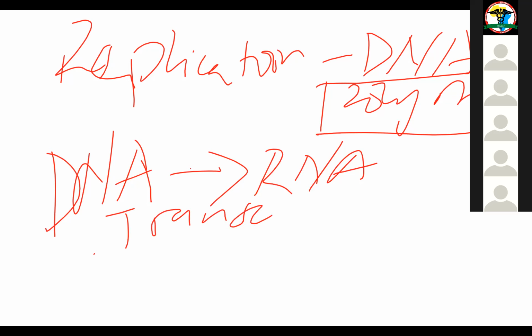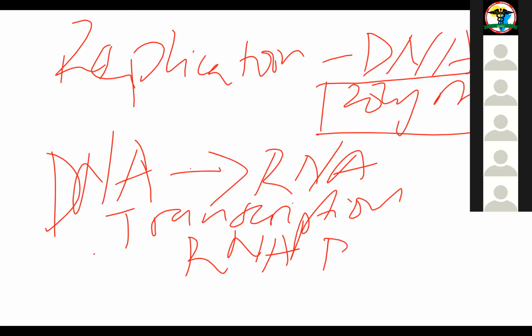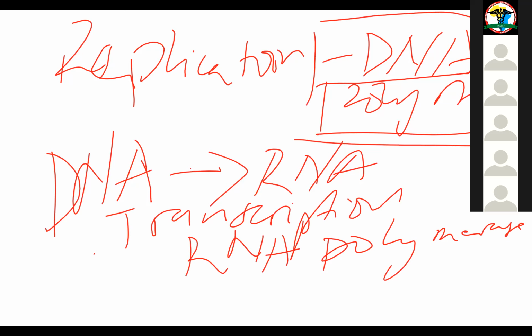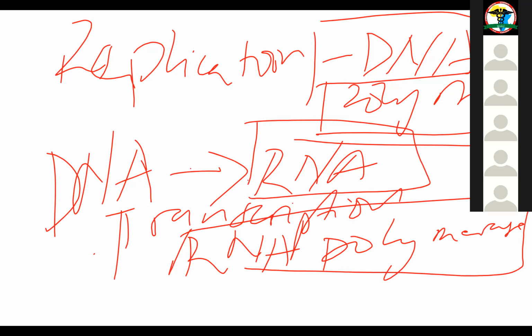The enzyme responsible for transcription is called RNA polymerase. So the enzyme responsible for making DNA from DNA is DNA polymerase. The enzyme responsible for making RNA from DNA is called RNA polymerase. The process is called transcription.